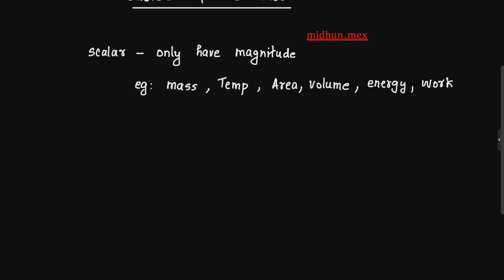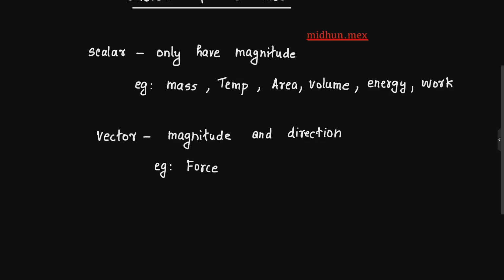But if you move on to vector quantities, let us say you want to study vector quantities. Vector quantities fundamentally have magnitude as well as direction. Magnitude and direction both are important for a vector quantity. Common examples: the first thing coming to our mind will be force.